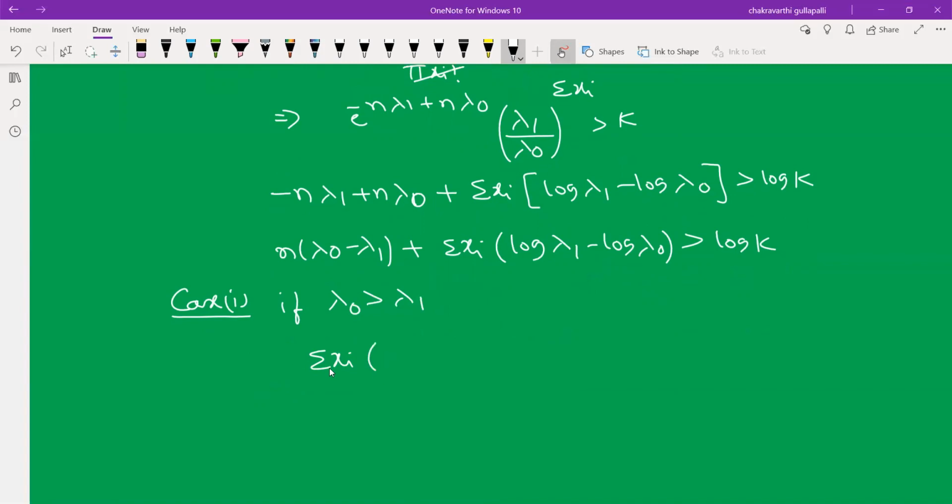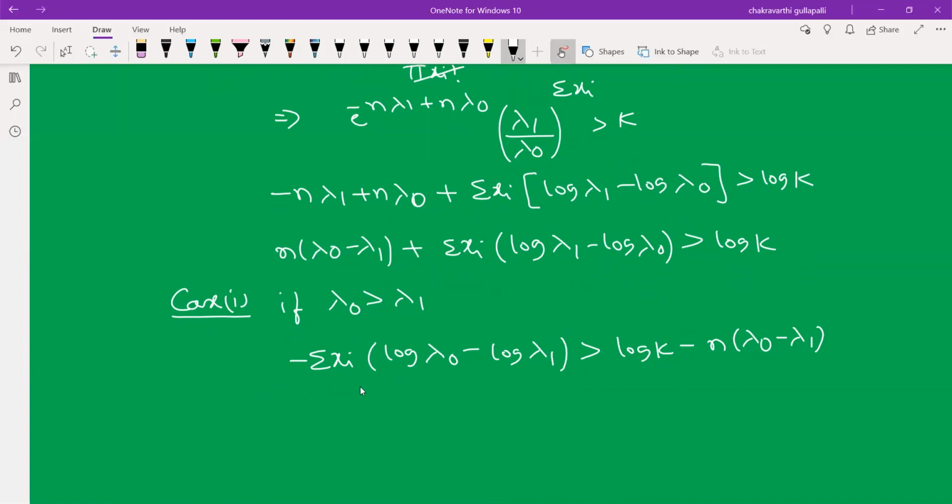Summation xi times log lambda naught minus log lambda 1, with the minus sign. So bringing to this side, log k minus n into lambda naught minus lambda 1. This is a positive difference here, so we have to bring it directly to this side.